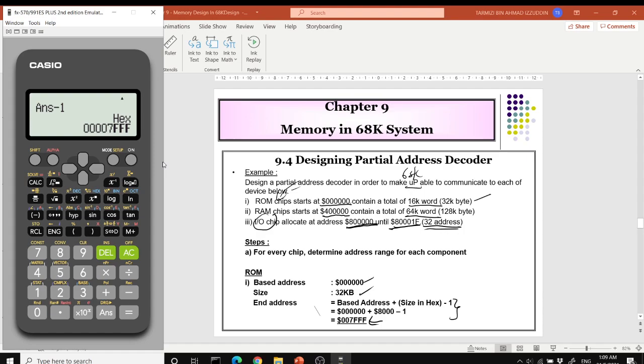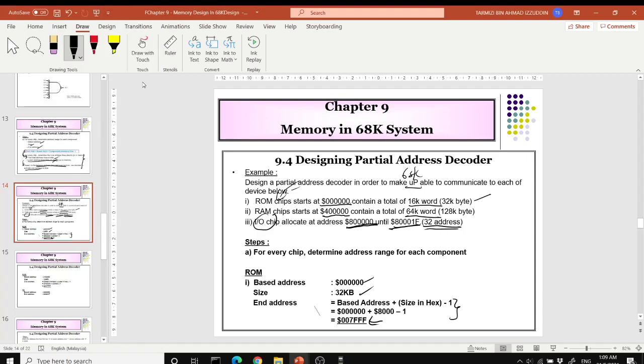This is the end address for your ROM chip. So it starts at 000000 and ends at 007FFF. Remember that this is for your ROM chip.